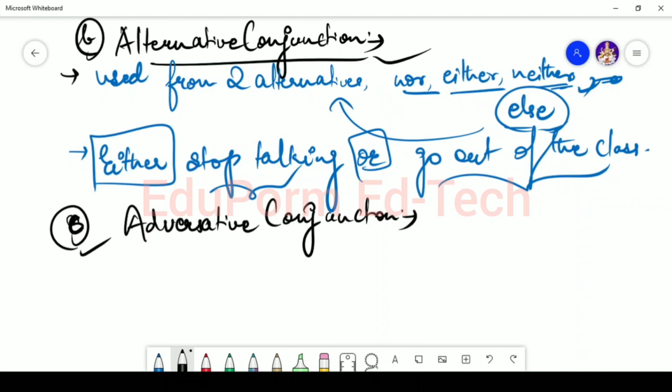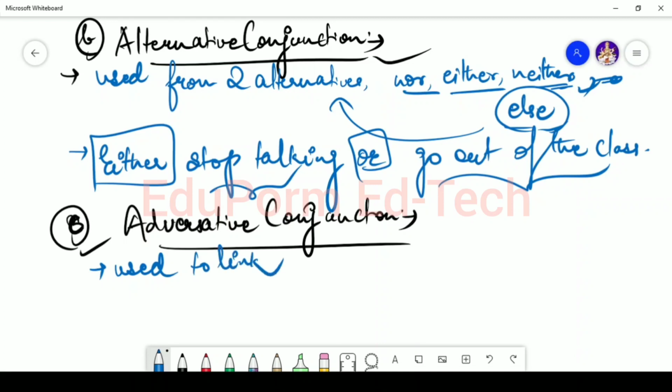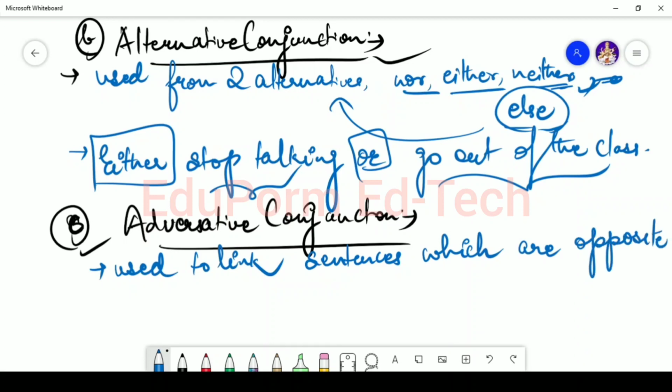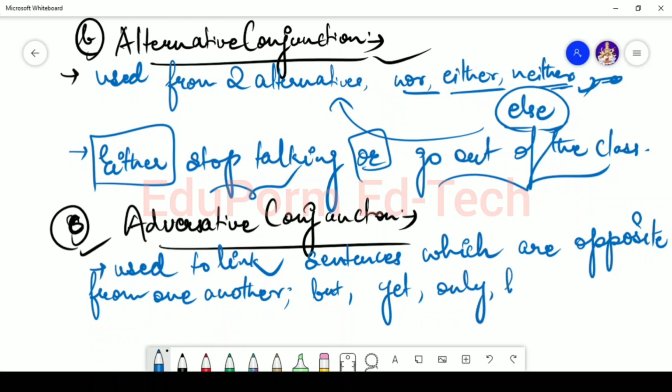Okay, now what is adversative conjunction? These are basically used to link sentences which are opposite from one another, such as but, yet, only, however, or nevertheless.